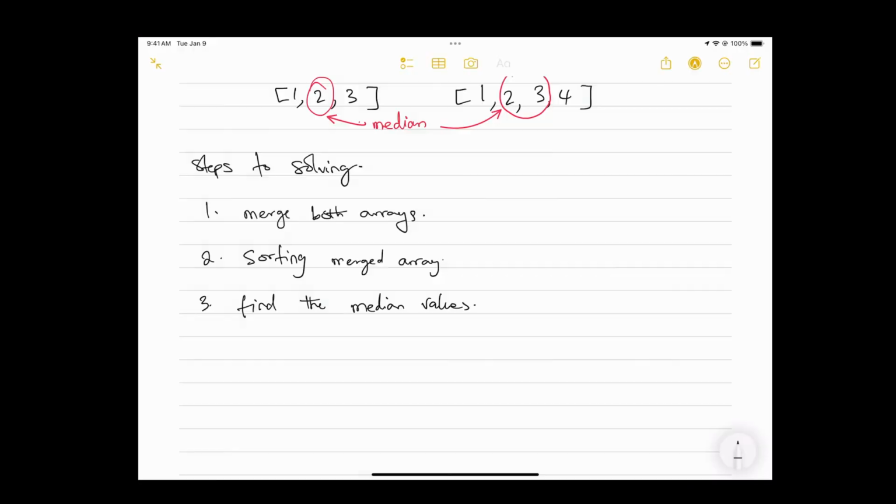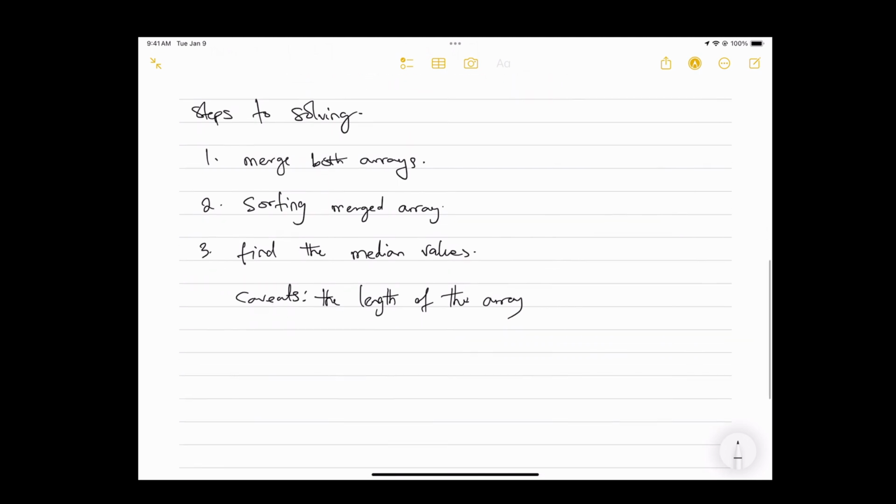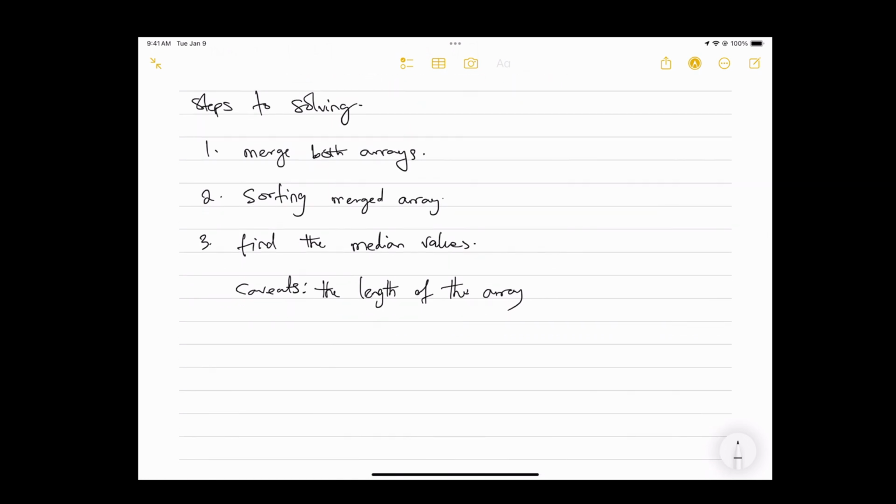So caveats. The length of the array could be even or odd, right?